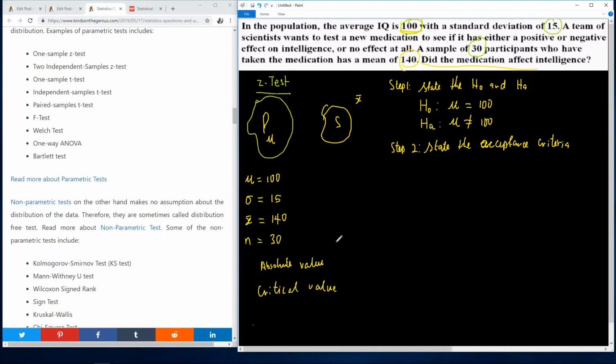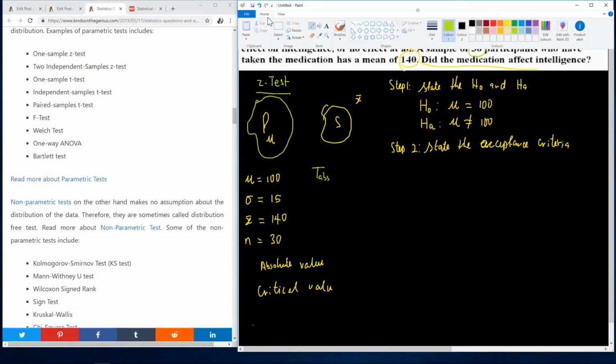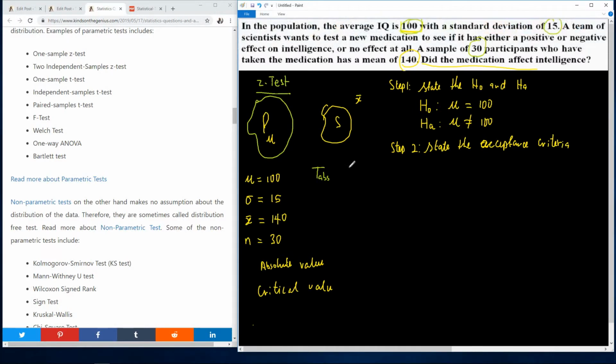Now, when you are performing a statistical test, you are doing a calculation of some statistic T. That T you calculated is actually called the absolute value. And there is also a T existing in a table of the same thing, but this time it is called the critical value.